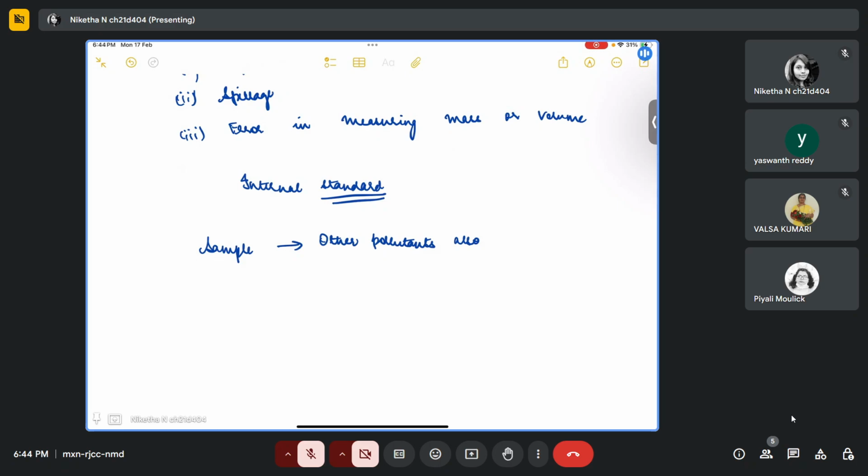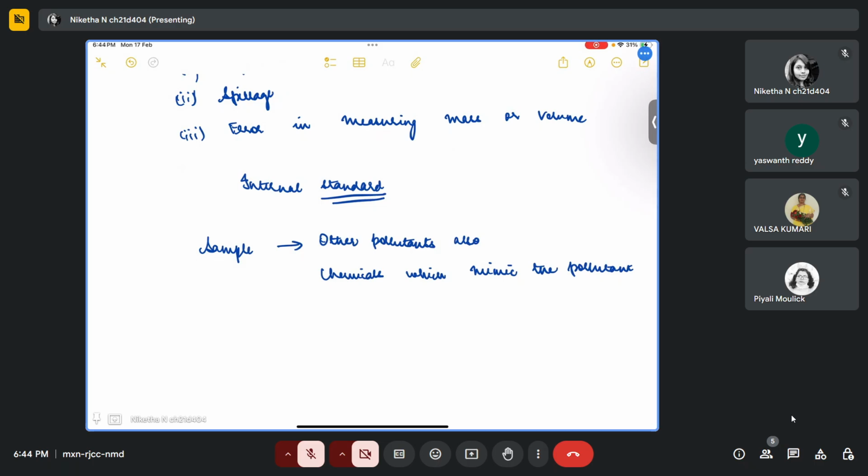So, internal standards are nothing but chemicals which mimic the pollutant. So they are very similar in their behavior. They behave just like the pollutant.